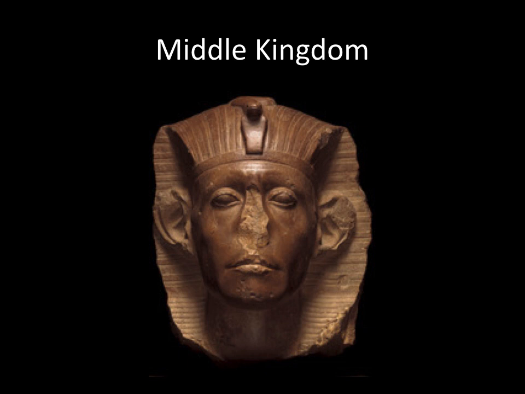But once we get into the New Kingdom, it takes that step back. It goes back to that kind of structured format for the human body. And this picture in particular, head of Senusret III, it's his head, unfortunately.